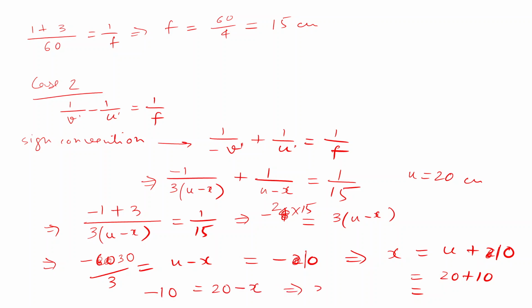I want to find out the value of x. So x will be 10. Why am I getting x is equal to this? Is this correct or are we making some mistake somewhere? 3 minus 1 is 2. 30.